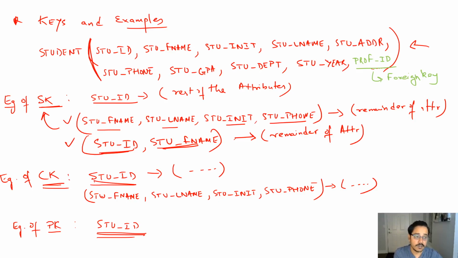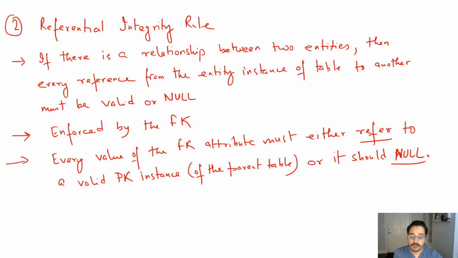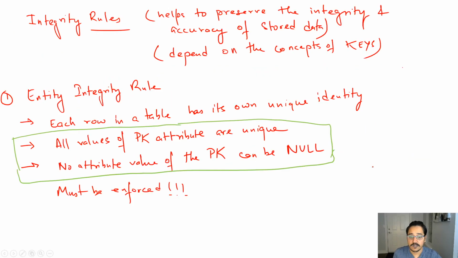That is the reason the referential integrity rule states that every foreign key attribute must refer to a valid primary key instance or be null, whereas the entity integrity rule enforces that all the values of the primary key need to be unique and no attribute should be null.